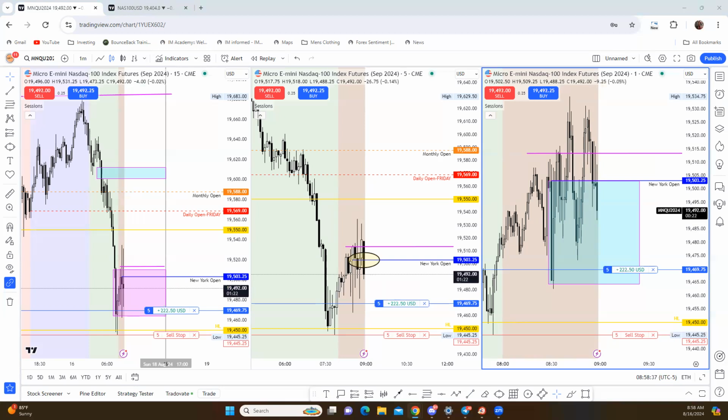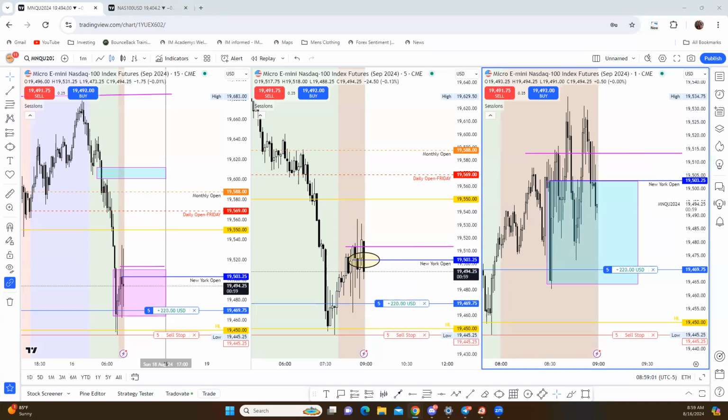You have ES and YM still looking pretty good, but it's the failure of New York Open for me. Right here in this 15-minute candle, this hour close, if we don't have 5-minute price showing the strength, then this isn't gonna work out. So let's see how this 5-minute closes, because this will definitely be key for the 15 as well.